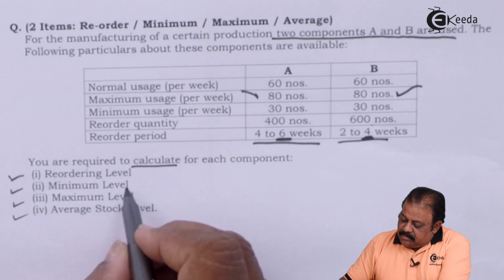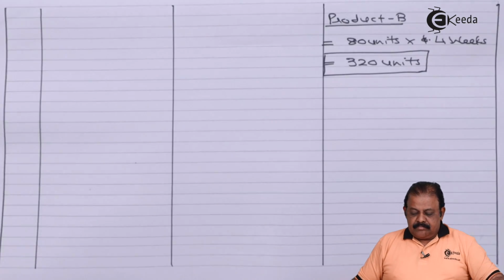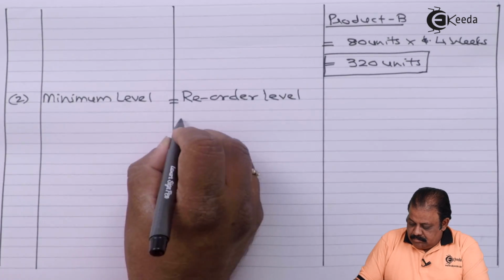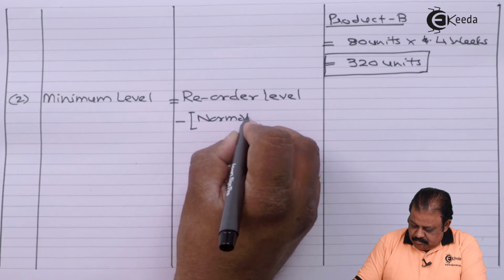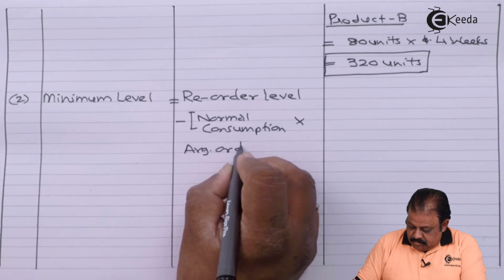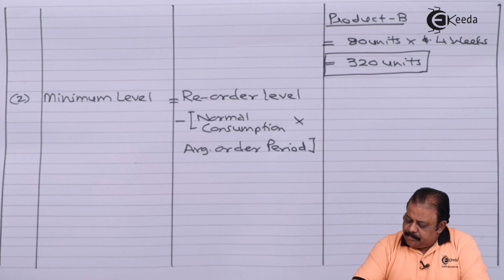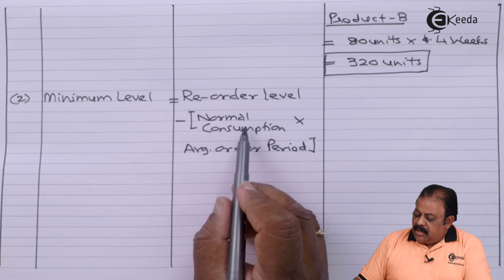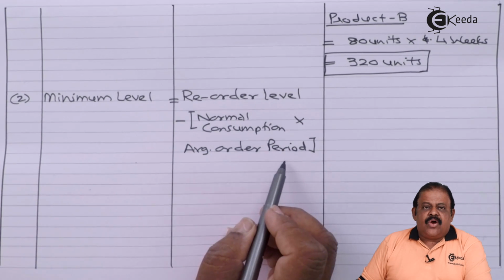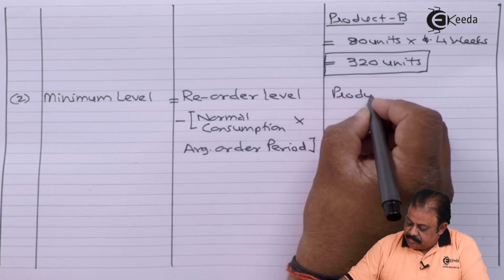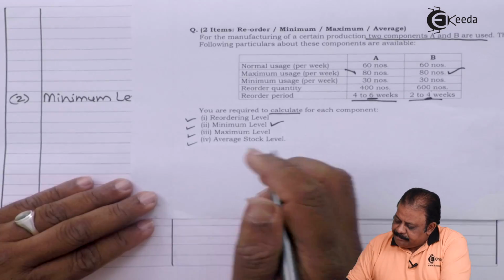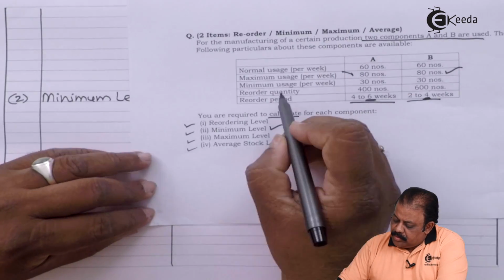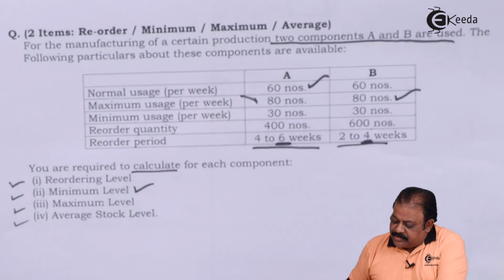Next we are required to calculate minimum level. Minimum level can be calculated as reorder level minus normal consumption multiplied by average reorder period. In case of product A, normal consumption is 60 units.